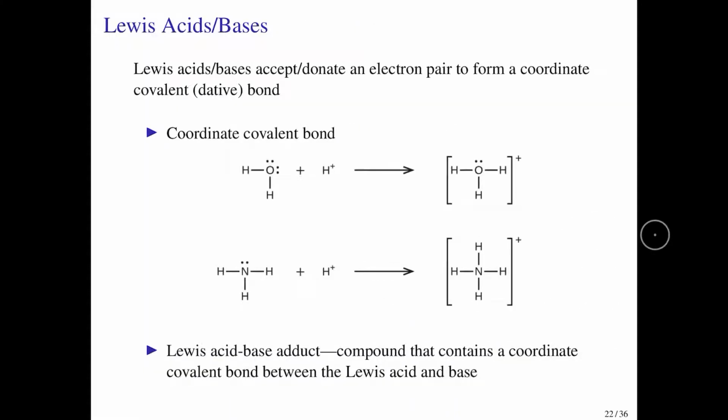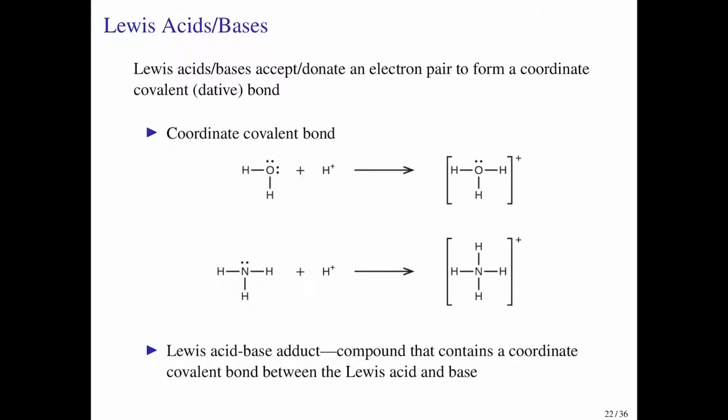So first off, the Lewis acid-base concept is a bit more general than what we've learned about previously in terms of Arrhenius acids and bases and the Bronsted-Lowry acid and base picture. Lewis has a more general way of thinking about what makes an acid and what makes a base.